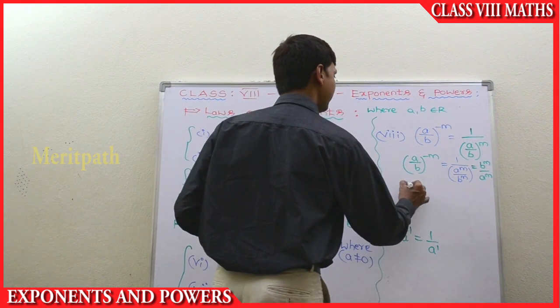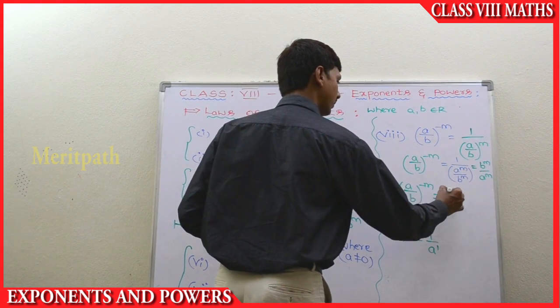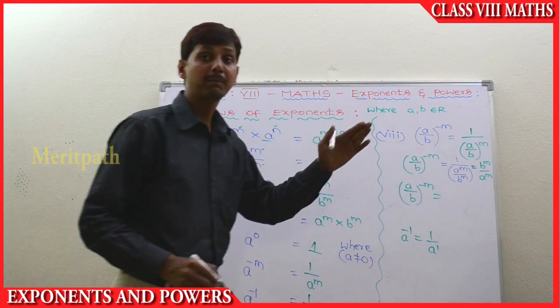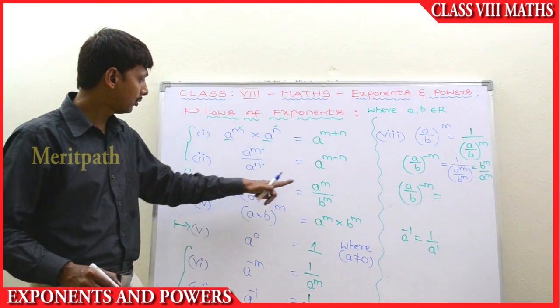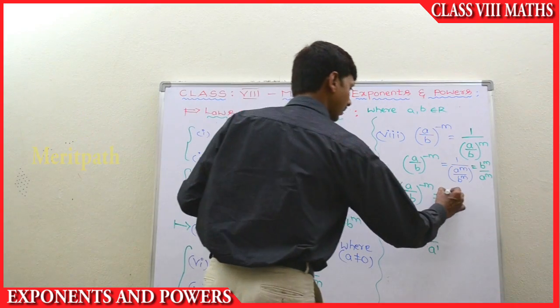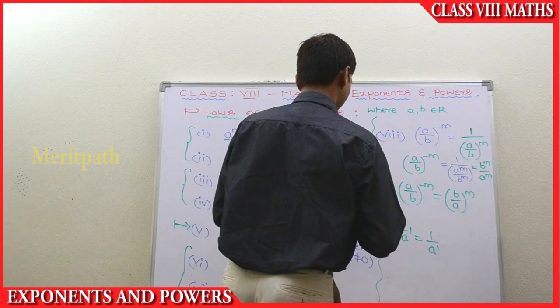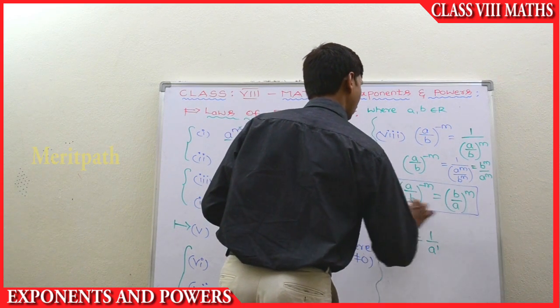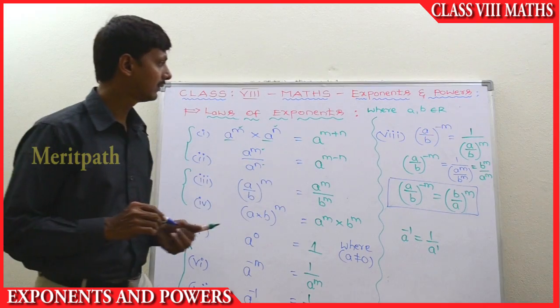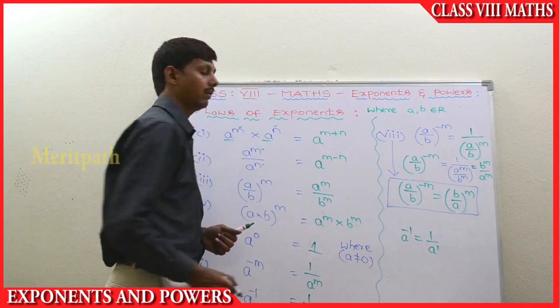So (a by b) whole to the power of minus n is equal to b power n by a power n, and the same rule 3 can be applied. We can write it with the same power, that is (b by a) to the power of n. So finally we got one of the laws of exponents, the eighth one. This is the eighth one, this final one.